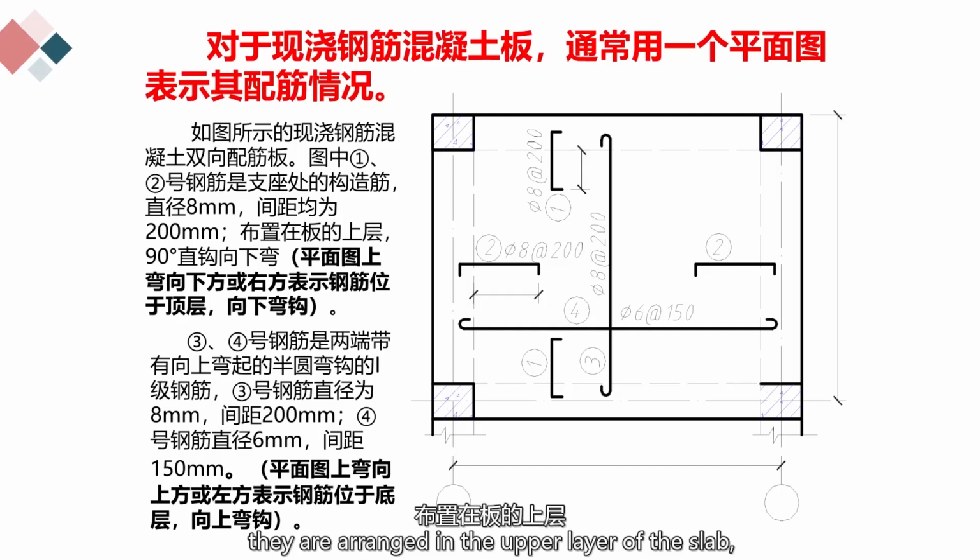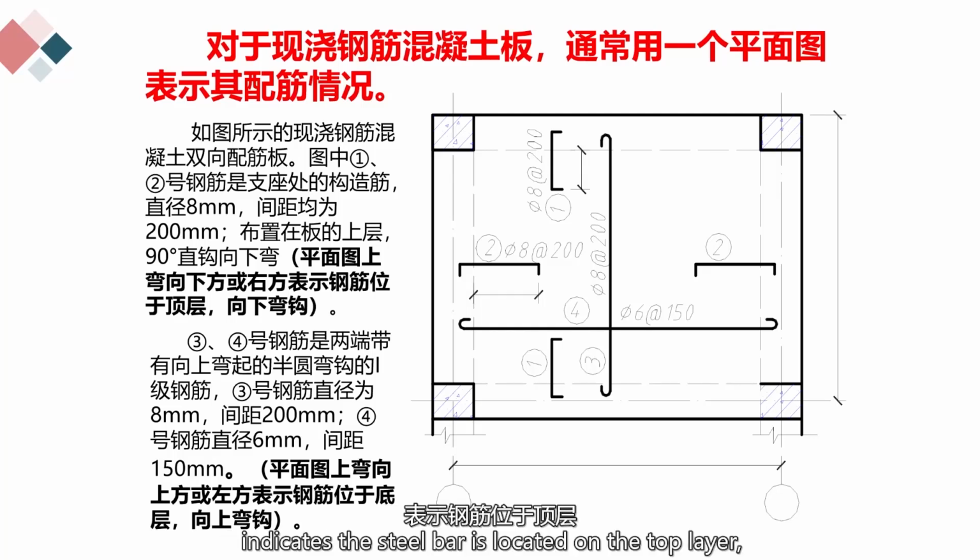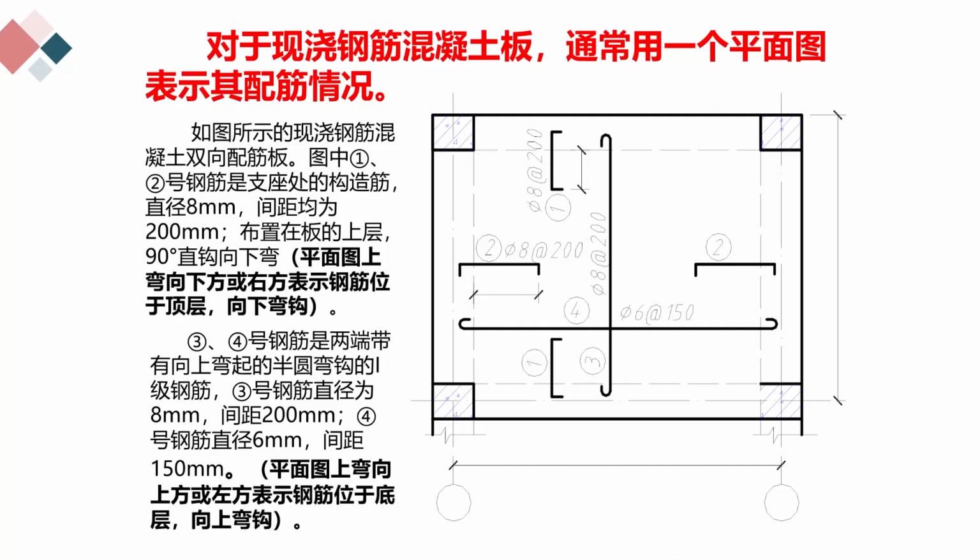They are arranged in the upper layer of the slab, with 90 degree hooks bending downwards. Bending downwards or to the right on the plan view indicates the steel bar is located on the top layer, with downward hooks.